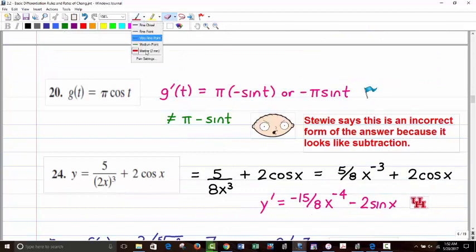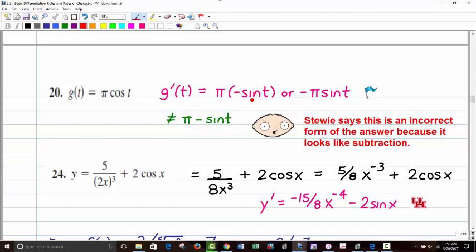All right, looks like Stewie's back in this problem. Okay, pi is a number, so it's just a coefficient. So the derivative of pi cosine of t, so the derivative of cosine of t would be negative sine of t. Now, I guess on a multiple choice exam this wouldn't matter, but on a handwritten exam I always express to students that I probably would take a point off if you wrote the answer like I have there in green.